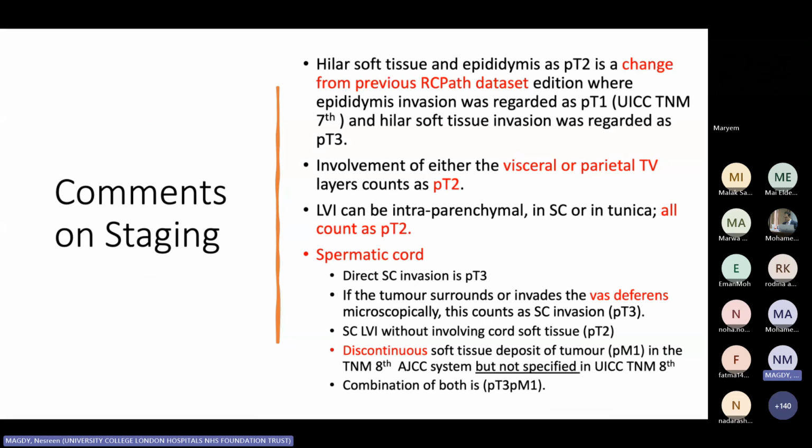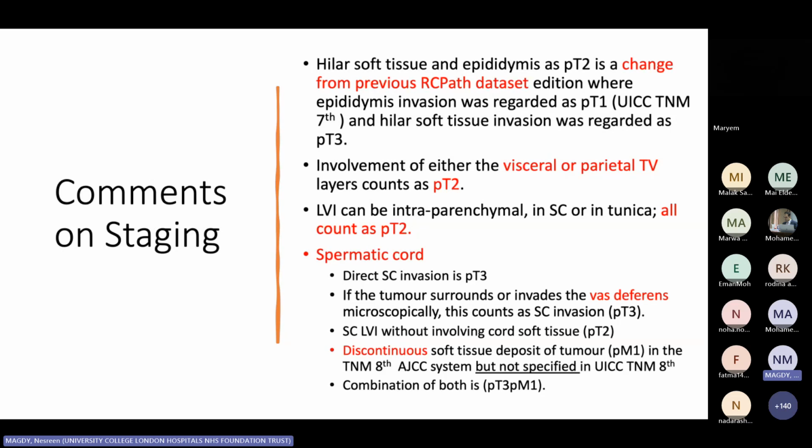So, a few comments on staging. Hilar soft tissue and epididymal invasion are now staged as stage 2, which is a change from the previous Royal College dataset edition, in which the epididymal invasion was regarded as stage 1 and hilar soft tissue was regarded as stage 3. So both now are stage 2.